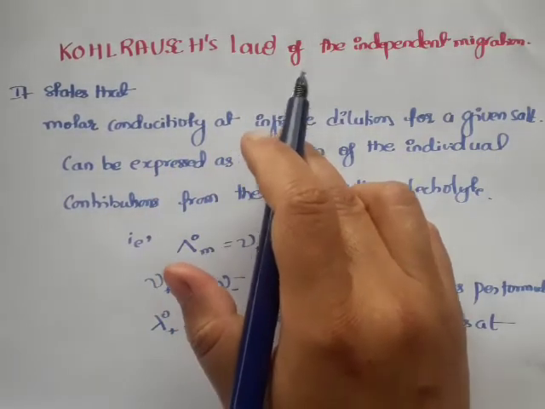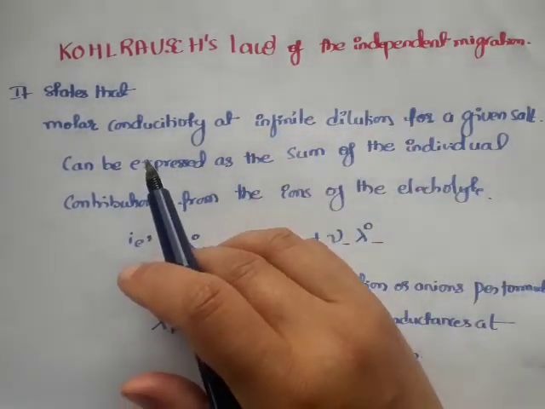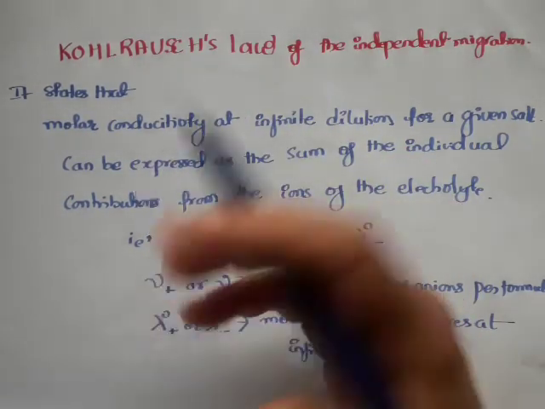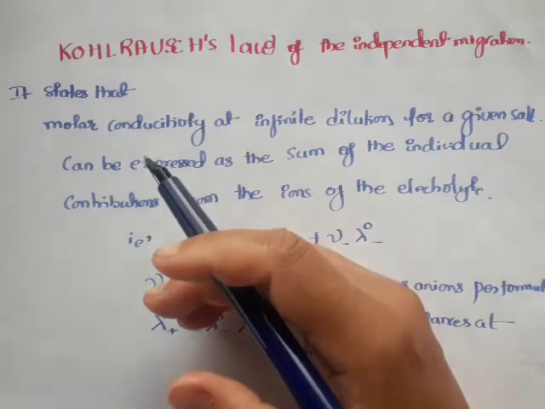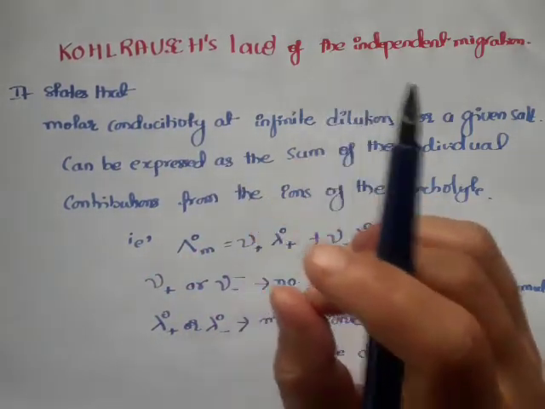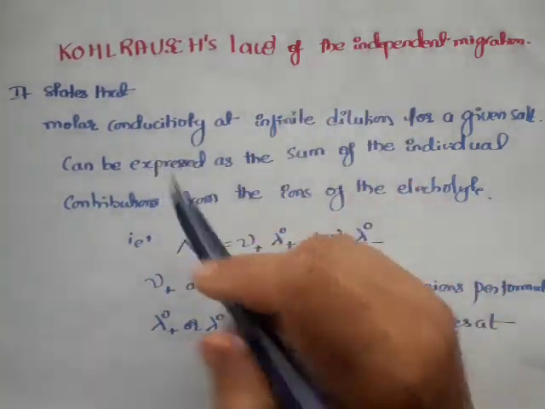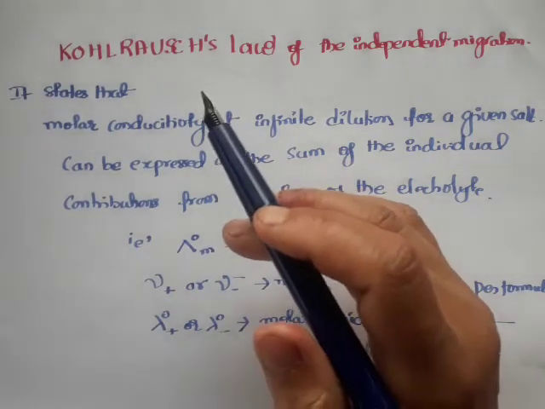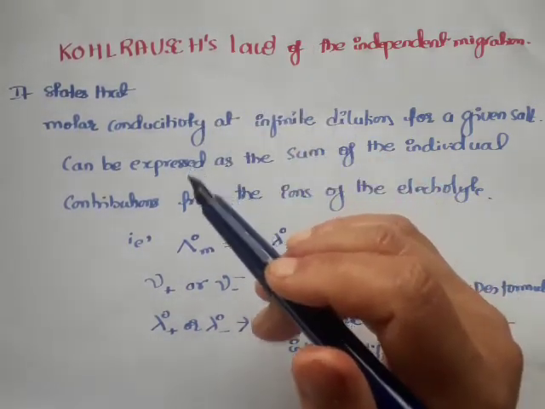Kohlrausch's law of independent migration. He stated that at infinite dilution, when the dissociation is complete, each ion makes a definite contribution toward the molar conductivity of the electrolyte, irrespective of the nature of the other ion with which it is associated.